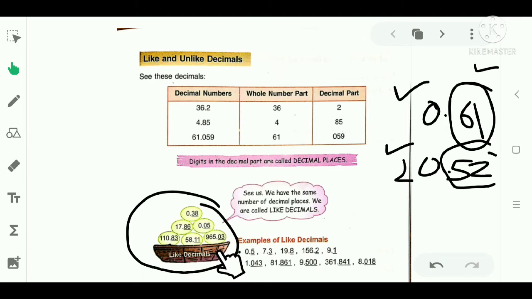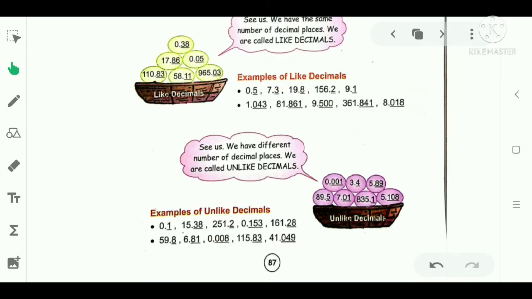Now let us discuss unlike decimals. Students, in unlike decimals, we have a different number of decimal places after the point. Look here, after the decimal here 3 digits, here 1, here 2, here 1.